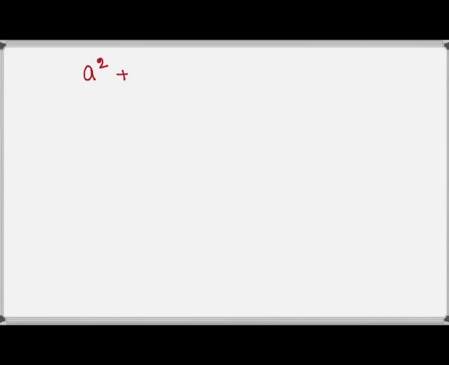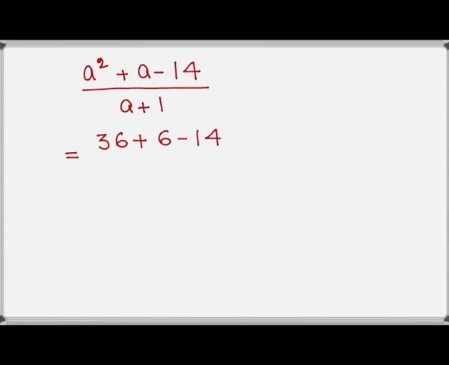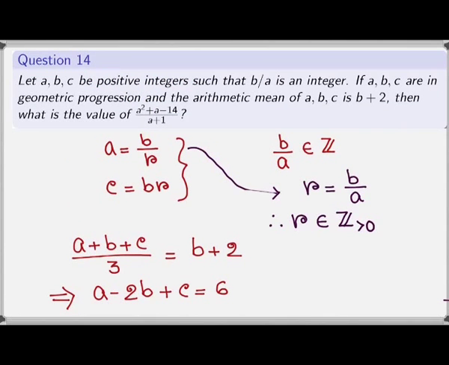A square plus A minus 14 divided by A plus 1, and we get 36 plus 6 minus 14 divided by 7, that is 28 by 7. So we get the value of this expression is 4. So this solves our question number 14.